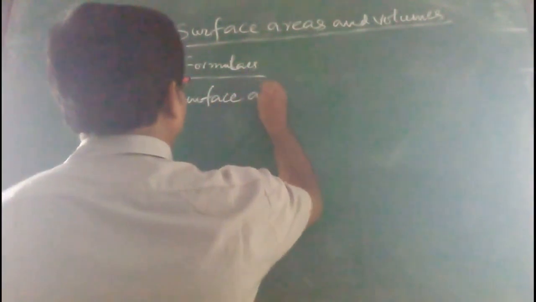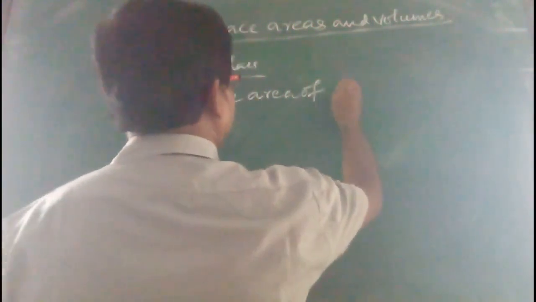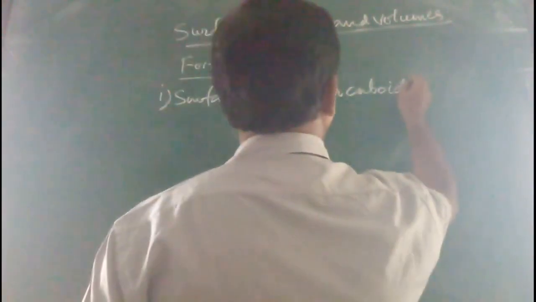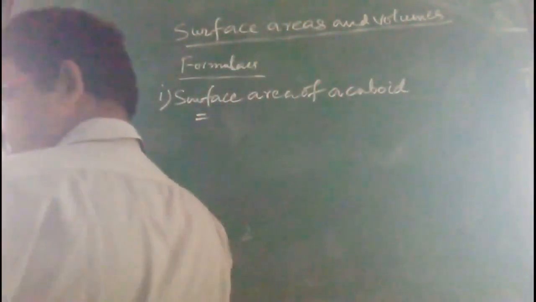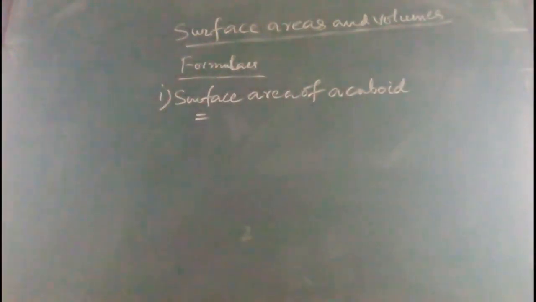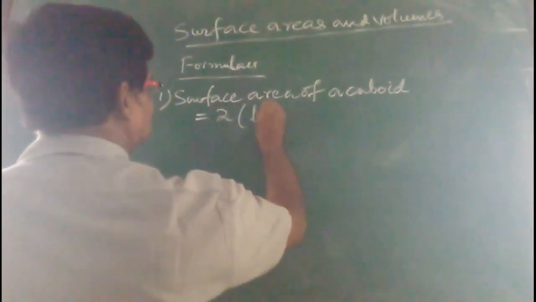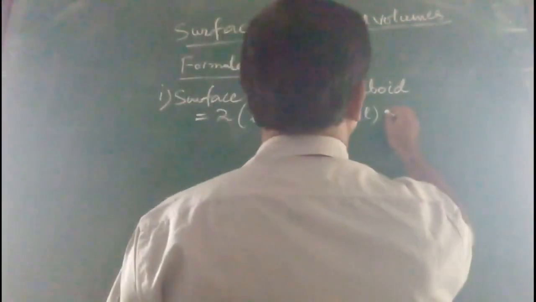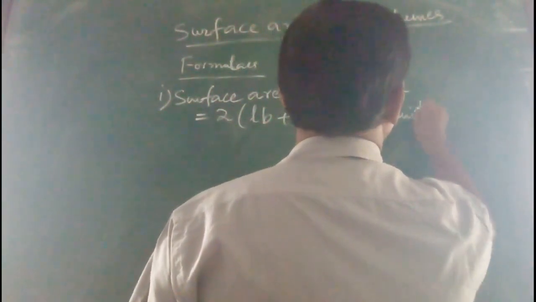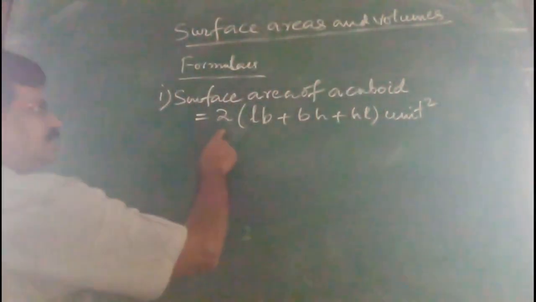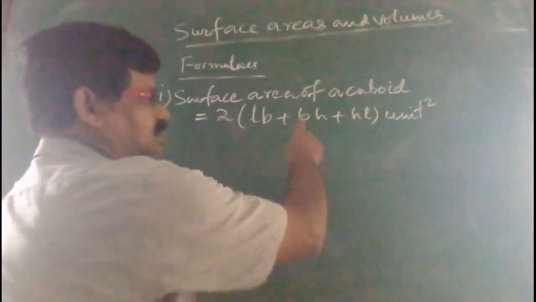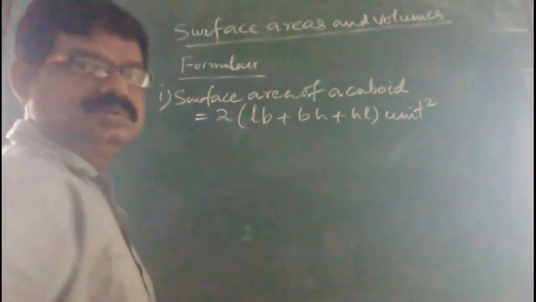Surface area of a cuboid is 2 into first bracket, length into breadth plus breadth into height plus height into length.